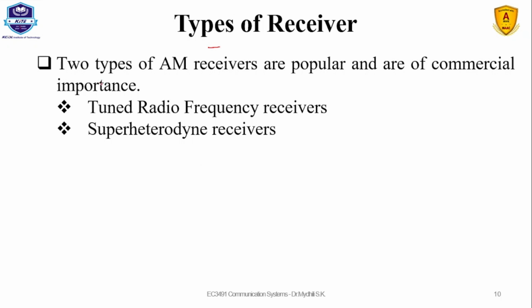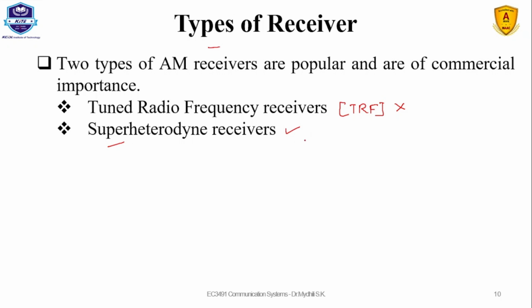There are two types of AM receivers which are popular and commercial. It starts with tuned radio frequency receivers, shortly called TRF receivers. We are not concentrating on this because it has some drawbacks, related to linearity. The superheterodyne receiver is the best one, and it is commercially the best among all the types of receivers we are using now.